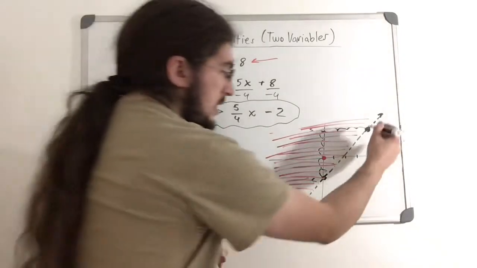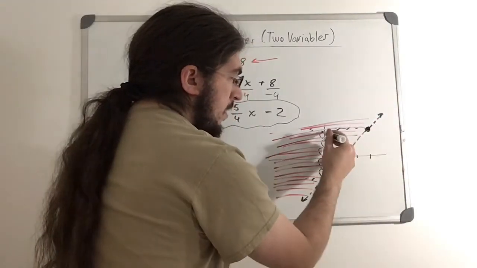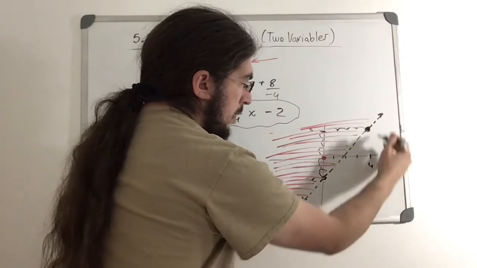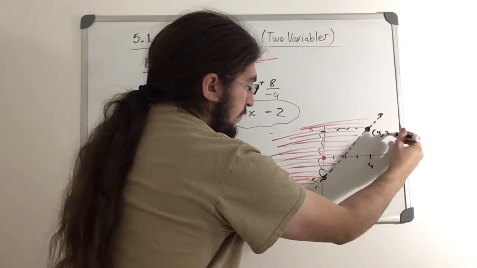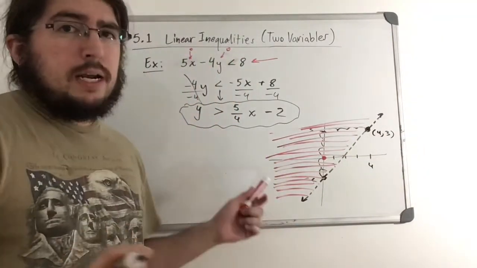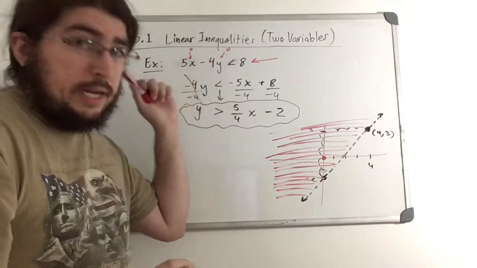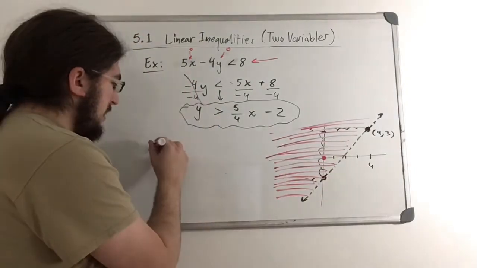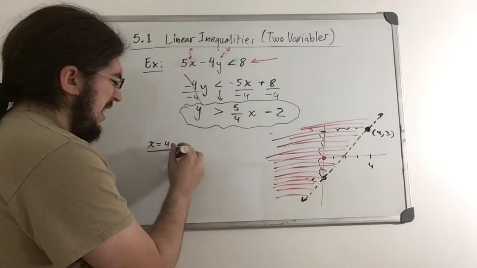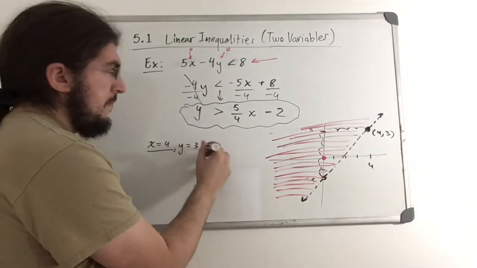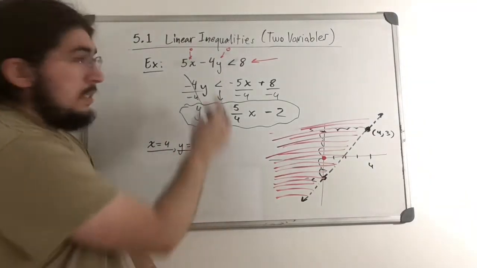So for instance, this point here, which was, by the way, 4, 3, is for sure not a solution to the inequality. And I can prove it by plugging it in. When x is equal to 4 and y is equal to 3, let's plug it in and see what we get.